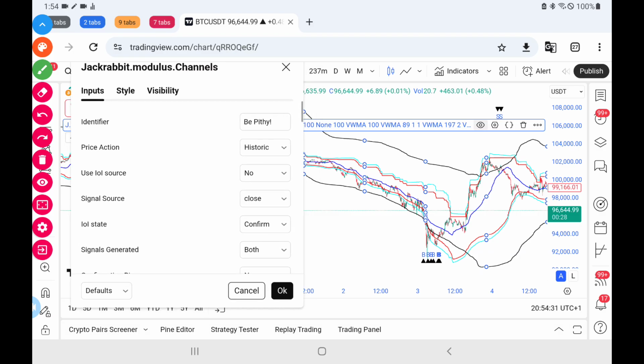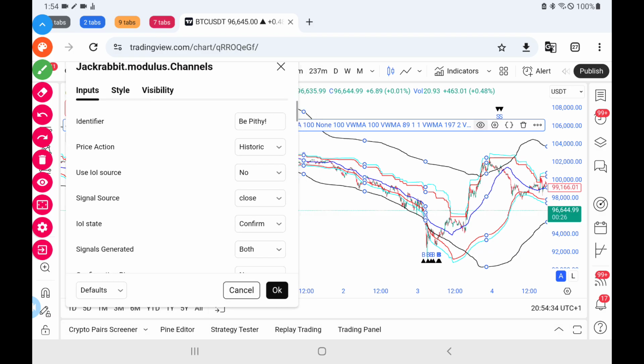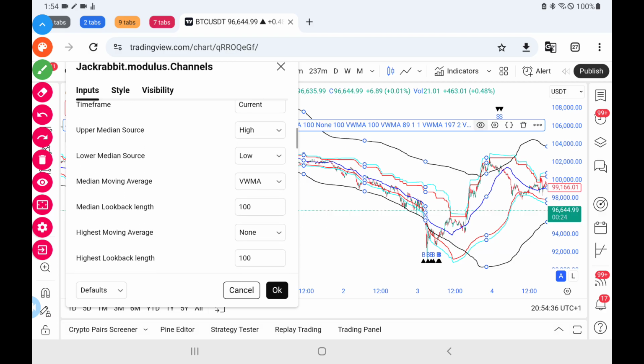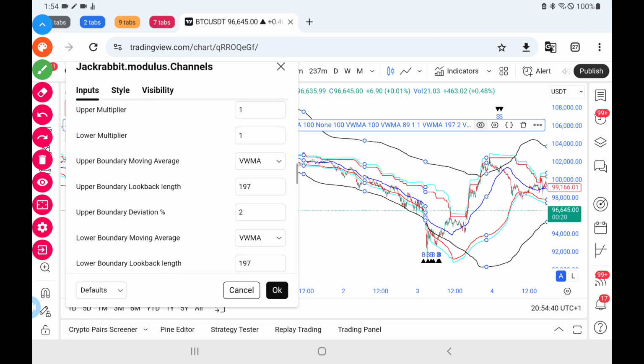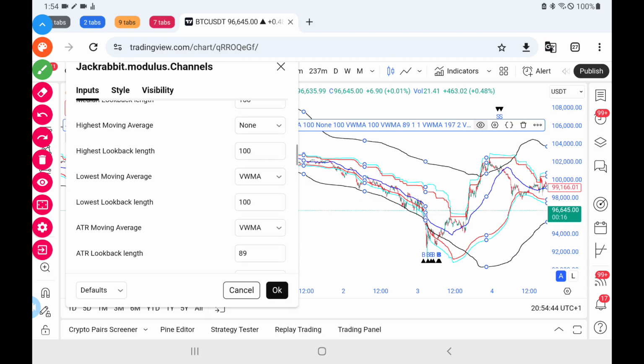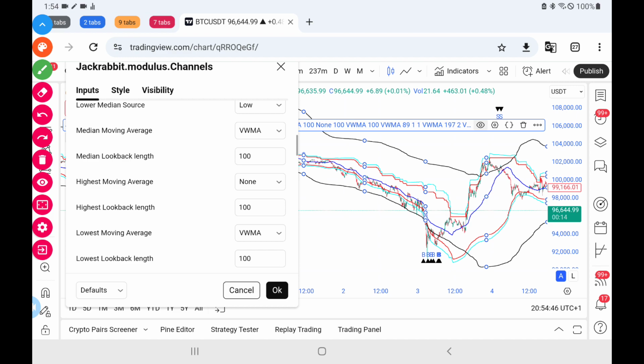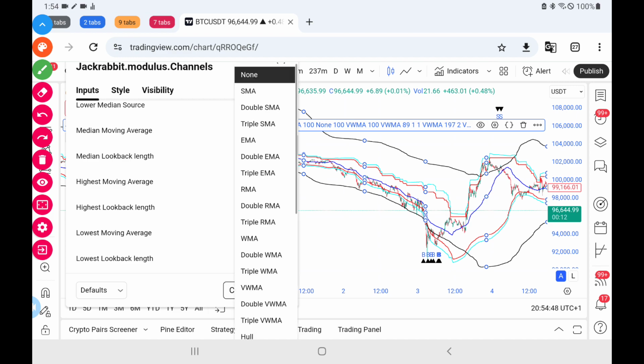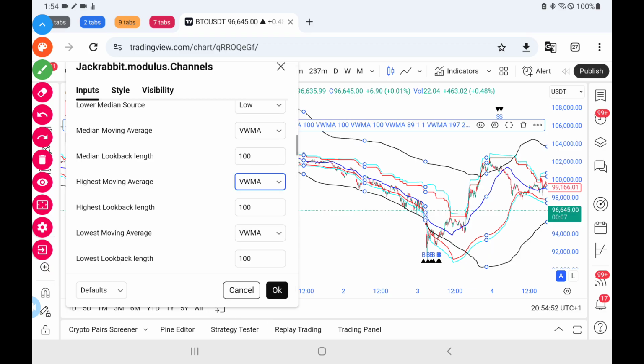So we have the trade on screen. Let's turn the high into a volume weighted, like the lower one.